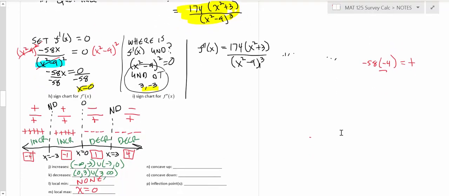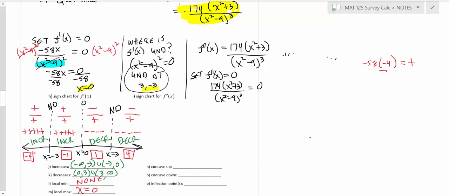Okay, what we're going to do is the same thing. You want to set the second derivative equal to 0, and then figure out where it's undefined. So you take that second derivative like it is and set it equal to 0. Now that's an equation you have to solve.